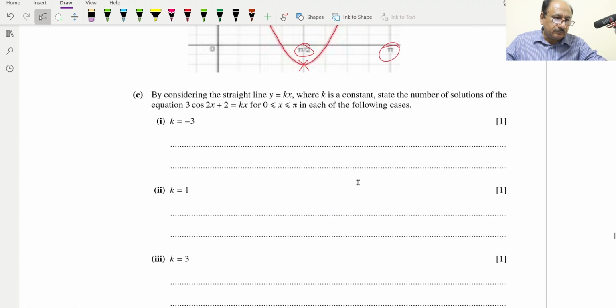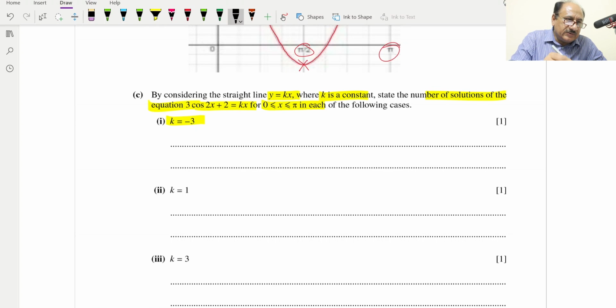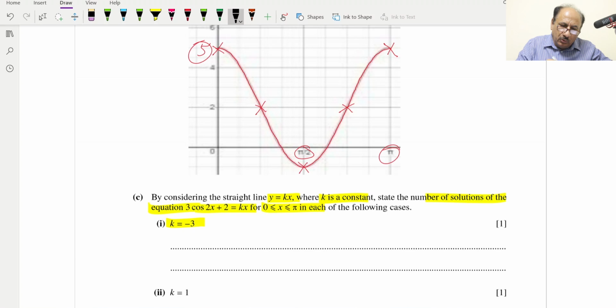Now the C part. For the C part, they are saying, by considering the straight line y is equal to kx, where k is a constant, state the number of solutions of this equation from 0 to pi in each of the following cases. When k is equal to -3, the line will be lower than the minimum value of the graph. So k is equal to -3 will be lower than this value, so it will not be intersecting.